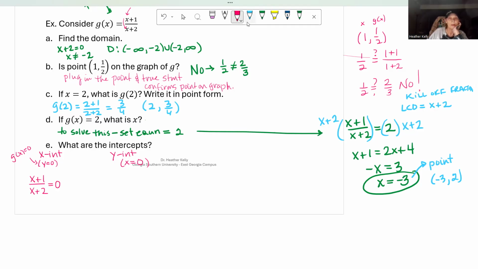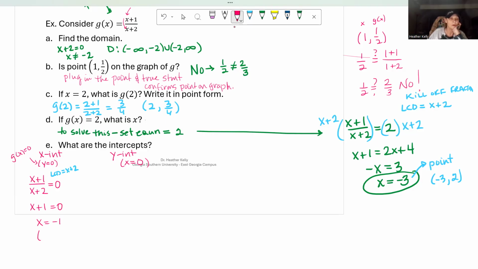Multiply through by the LCD. And when we do that, we get x plus 1 is equal to 0, right? Because the x plus 2's cancel here, and 0 times anything is 0. So x is equal to negative 1.